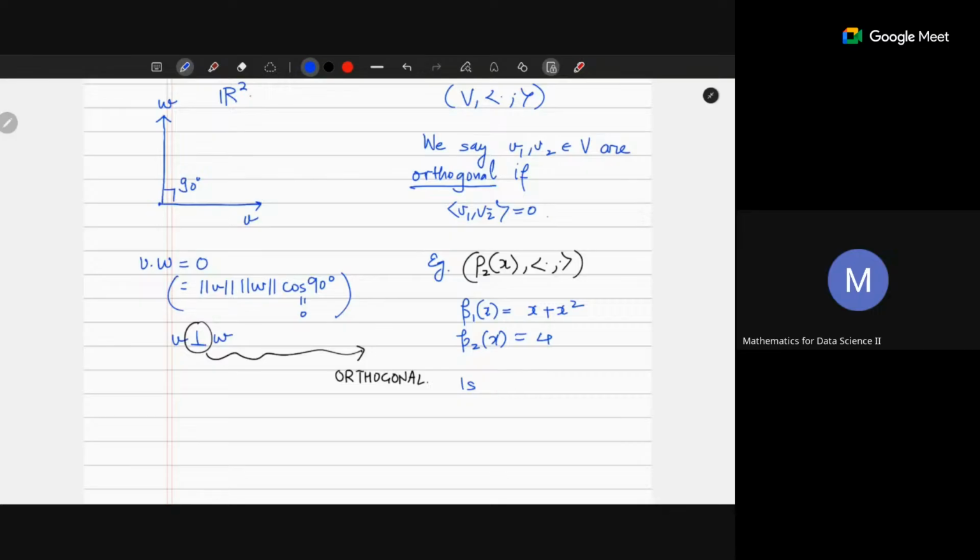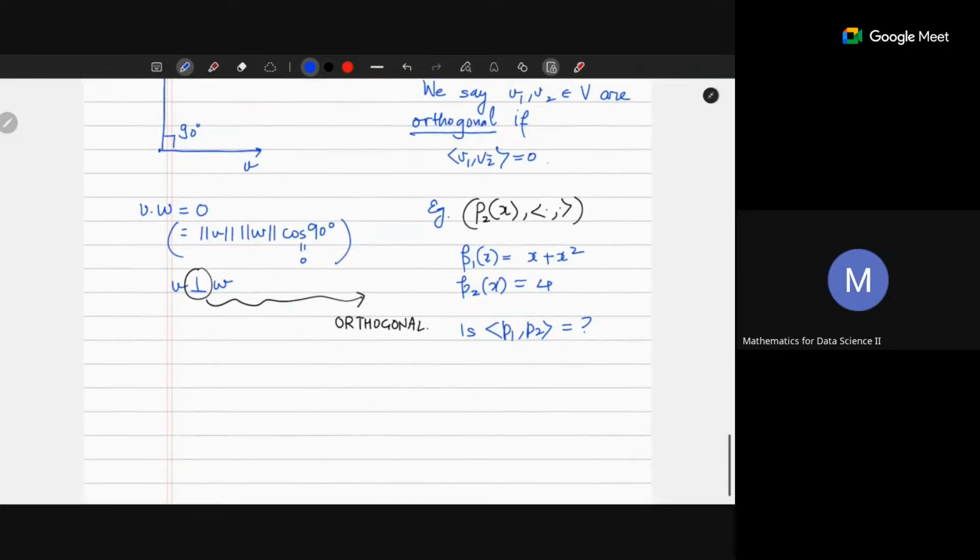So what is the inner product of P1, P2? It's 0 because if you match the coefficients exactly, 4 times 0 plus 0 times 1 plus 0 times 1. So it is 0. So this implies that P1 is orthogonal to P2.